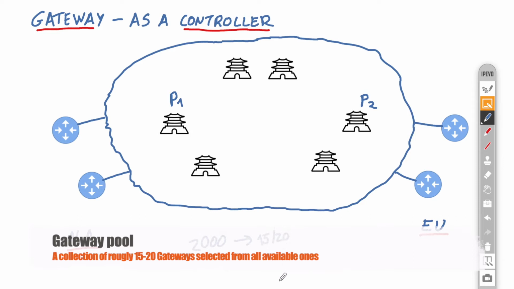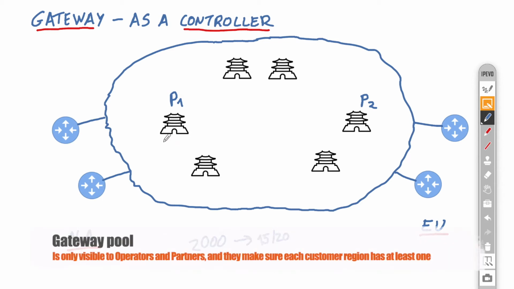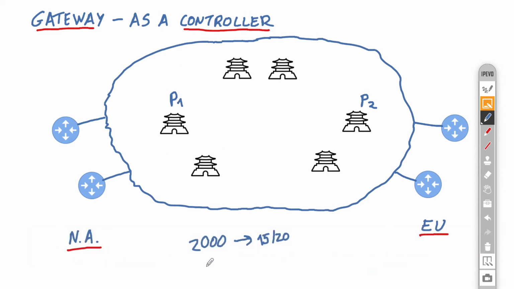And it's all about the location because the operator will be aware where the customer has the sites, and it will start assigning gateways in those regions to make sure that the customer has gateways nearby. Obviously, if the customer decides to extend and go into a new territory, then through the partner, they'll be able to request new gateways added to this pool.